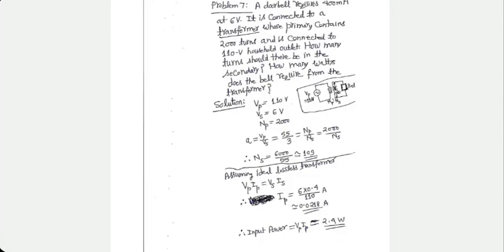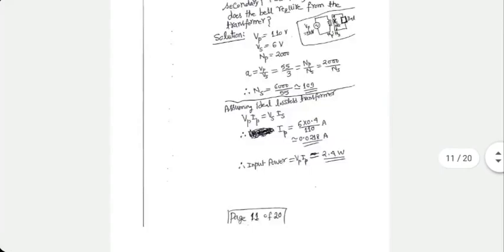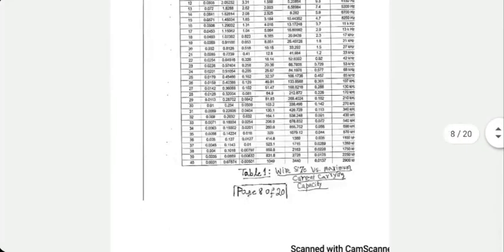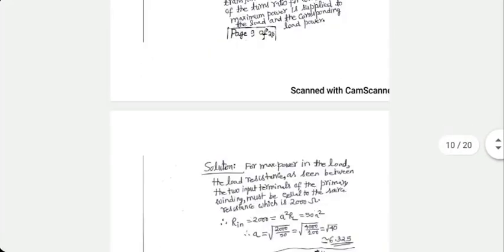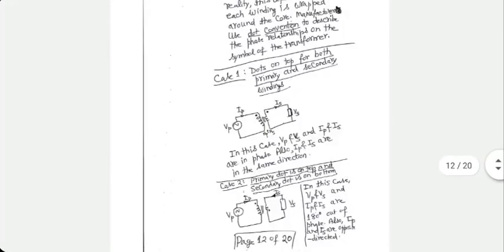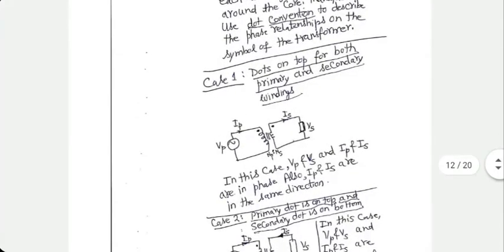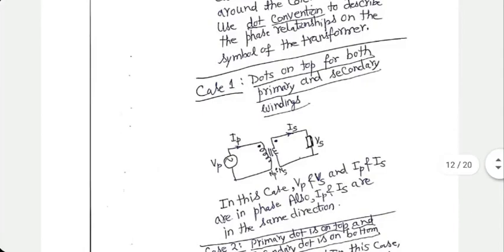Okay, so for lossless transformers, most of the problems asked are simple enough. It is the lossy transformer which is realistic, which is more of a headache in terms of calculations. I'll be slowly coming to that. Another important thing to note is that by default, we were assuming that primary voltage and secondary voltage have no phase shift between them.